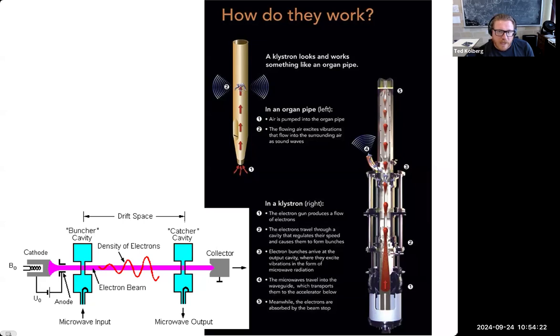Will a longitudinal magnetic field apply any force to electrons which are traveling along the direction of the field lines? And the answer is no, right?